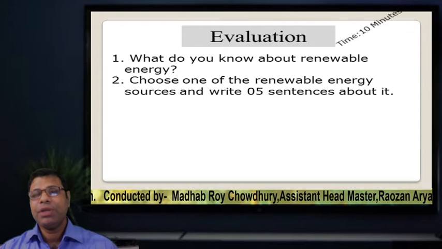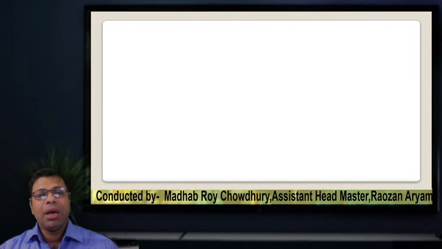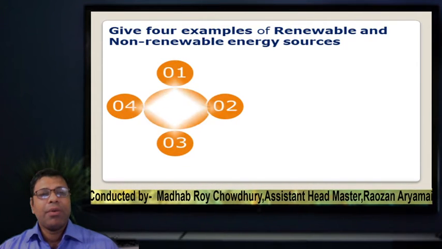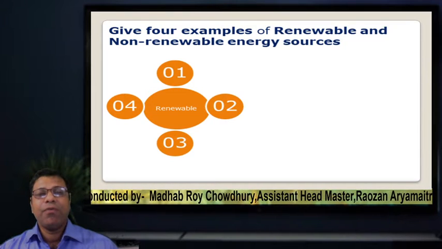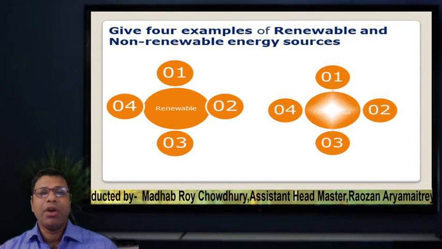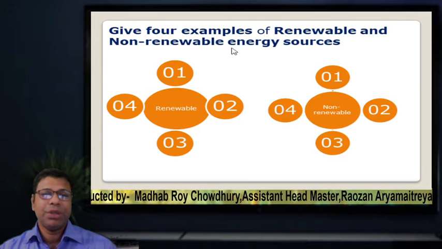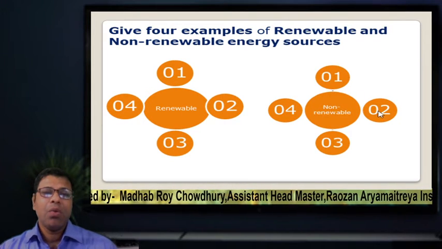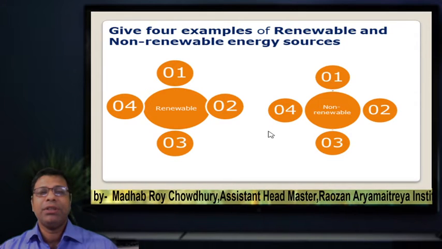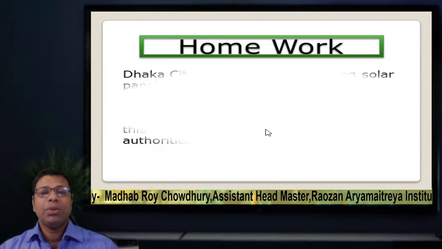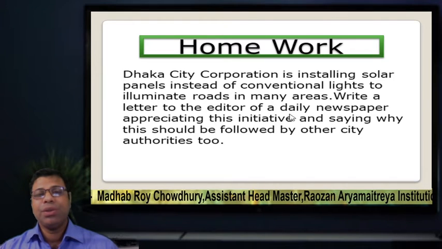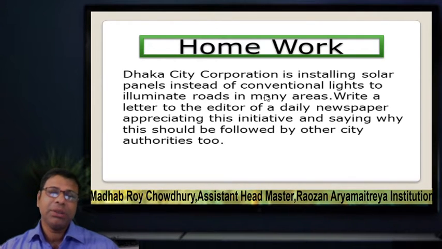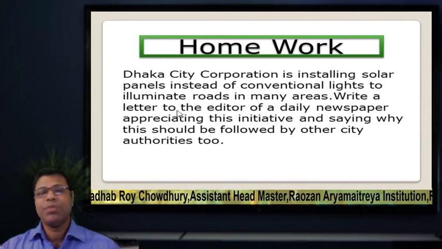Okay, dear students, and again give four examples of renewable and non-renewable energy sources. You write one, two, three, four renewable energy and one, two, three, four non-renewable examples. So this is your homework, dear students. Write it down in your exercise book.